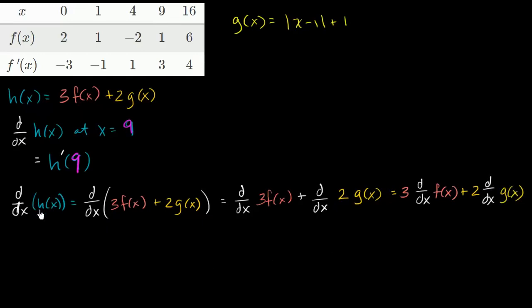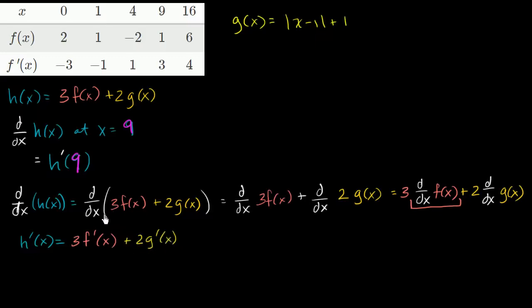So the derivative of h with respect to x is equal to 3 times the derivative of f with respect to x plus 2 times the derivative of g with respect to x. And if we wanted to write it in this kind of prime notation, we could rewrite it as h prime of x is equal to 3 times f prime of x plus 2 times g prime of x.